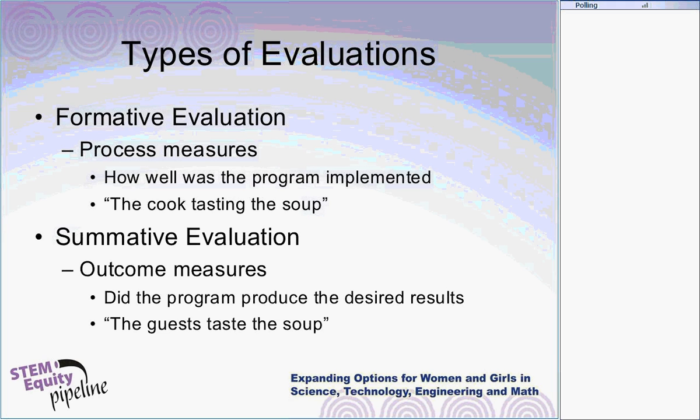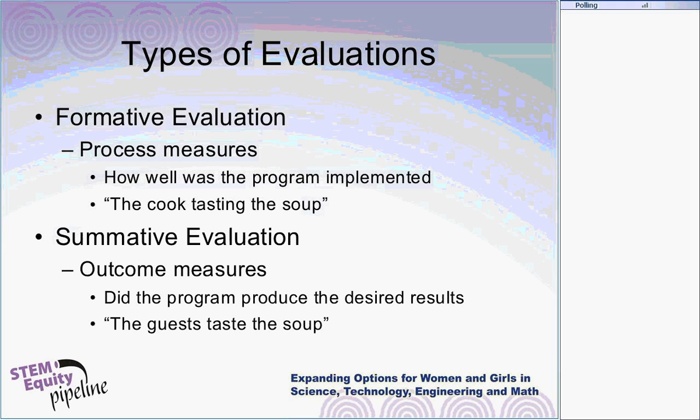It's important not to get them confused, and it's also important to remember that you need to do both of them. Oftentimes we get bound up in the process measurement approach and overlook our outcome measurements, or the opposite may occur as well. Remember, process measures are about how well the program was implemented.